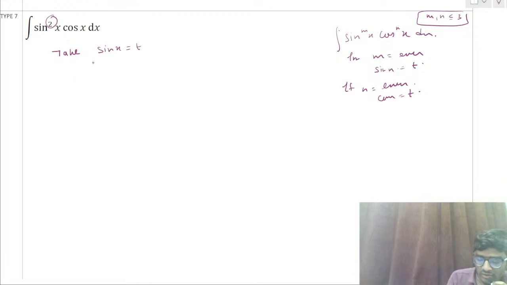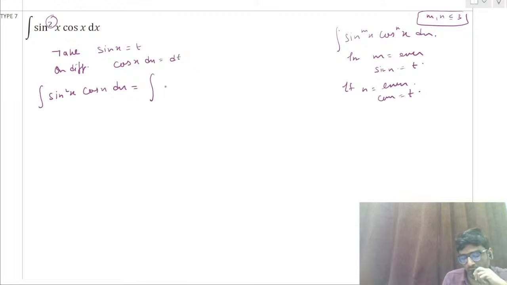Differentiating with respect to t, what will we get? We will get cos x dx equal to dt. So this integral sin square x cos x dx will become t square, and now cos x dx becomes dt. Simple.